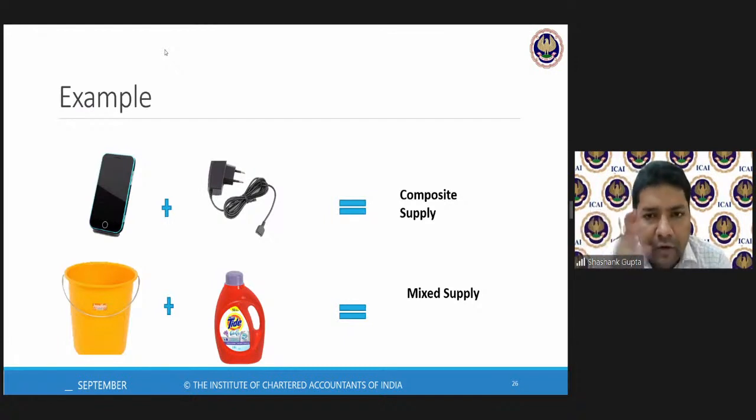There is no question of any composite or mixed supply. Mixed supply issue will only arise where a single price has been given to the entire bundle, and the bundling is not something which happens in the ordinary course of business.